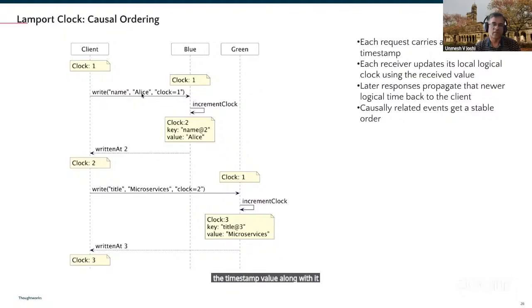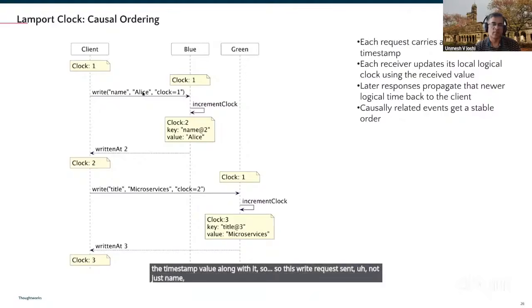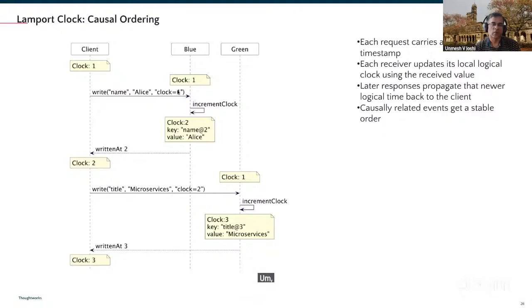So this write request sends not just name Alice, but also the clock value as 1. When this blue server receives the request, it does two things. One, it checks what its local counter for this clock is, which is 1. In this case, they are the same.